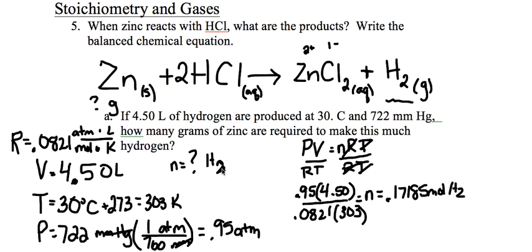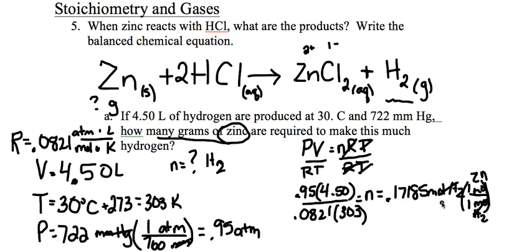Okay? That's not what the question asked me for, though. The question asked for how many grams of zinc. But now, since I know the moles of H2, I know that for every 1 mole of H2, here's a coefficient of 1 that I don't have to write down, and it comes from 1 mole of zinc. So in my next factor, I'm going to have 1 over 1. This is moles of H2 on the bottom. This is moles of zinc on top. So my moles of H2 cancel.